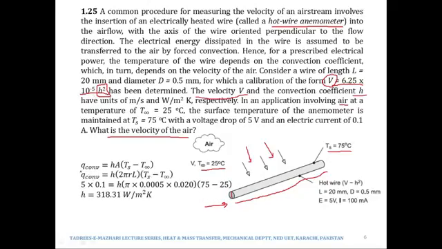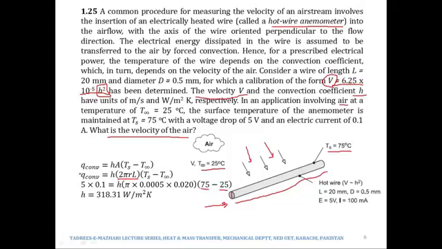So if we start again with q is equal to hA delta T, where area would be 2 pi r L, because this is the area that will come into play if the air is flowing perpendicularly over the wire, and then we are given the length of the wire, and the diameter of the wire as 5 millimeters. The temperature of the surface of the wire is 75 Celsius, and T infinity, the temperature of air flowing over it, is 25 degrees Celsius.